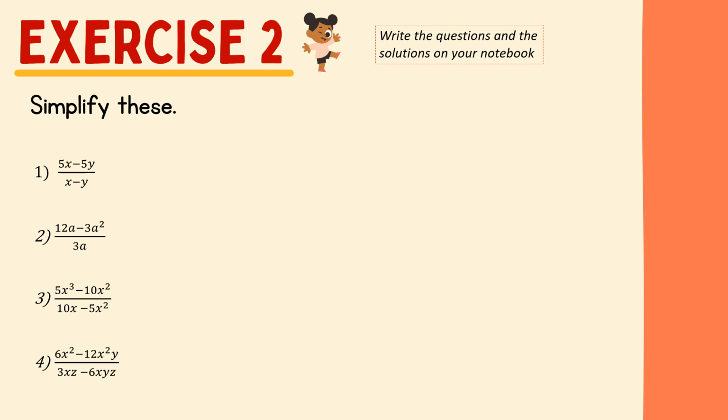And now it's time to do exercise 2 about simplifying algebraic fractions. Write the questions and the solutions in your notebook. The teacher will check your work on the first day of school.